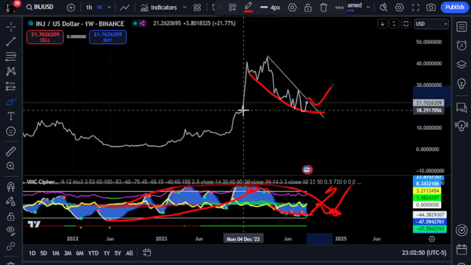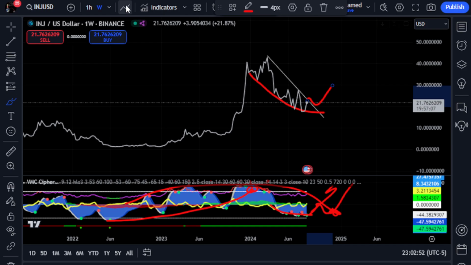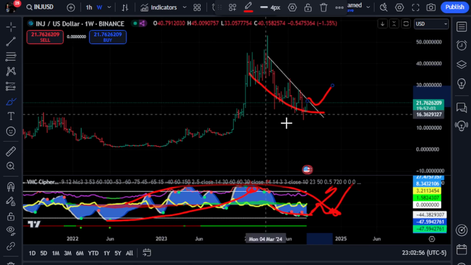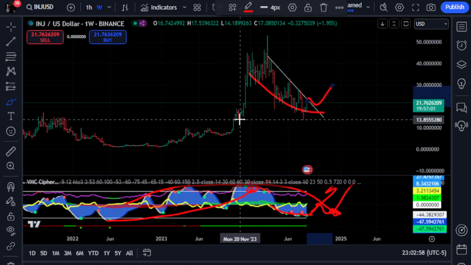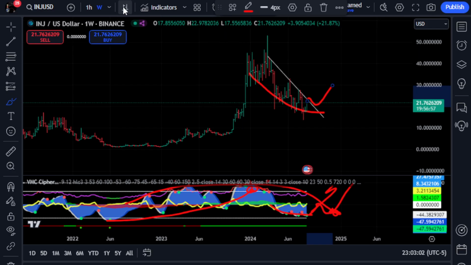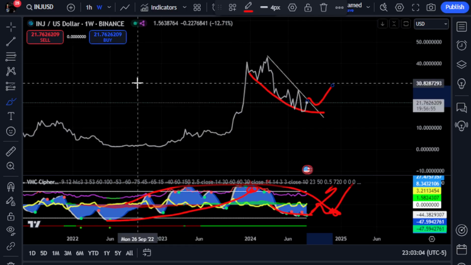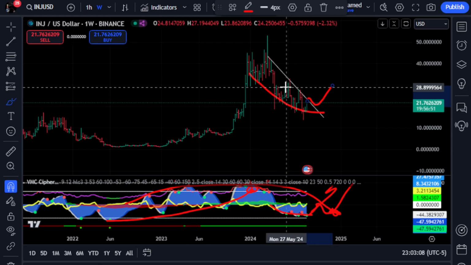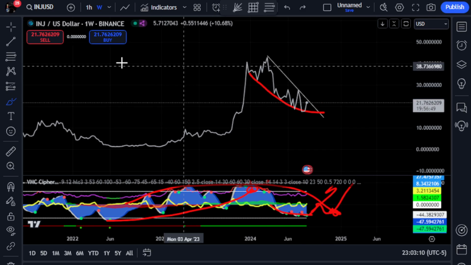Here we've got hardcore support. If we flip on our full price, we came down and even grabbed the liquidity below these lows. So I think we should be looking for some upside.